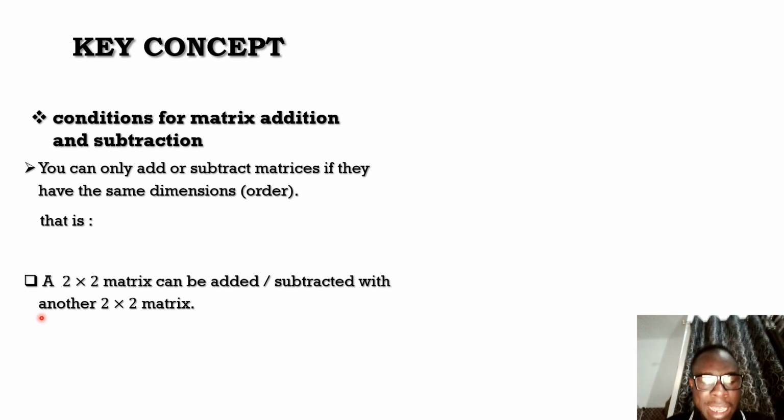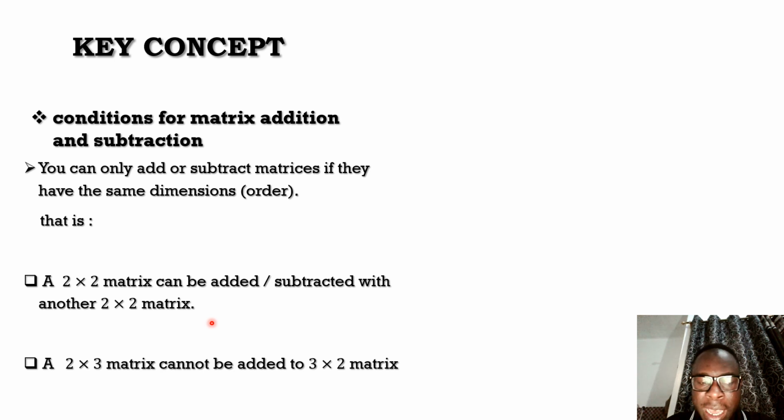It means that a 2 by 2 matrix can only be added or subtracted with another 2 by 2 matrix. And a 2 by 3 matrix cannot be added or subtracted to a matrix of a different order, like a 3 by 2 matrix.